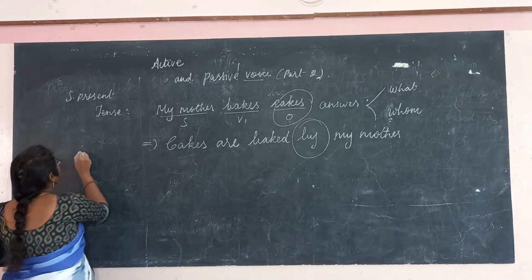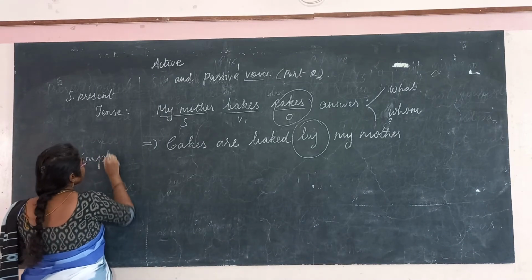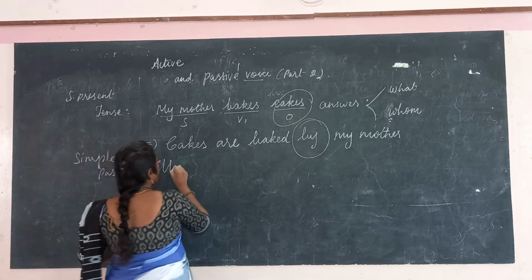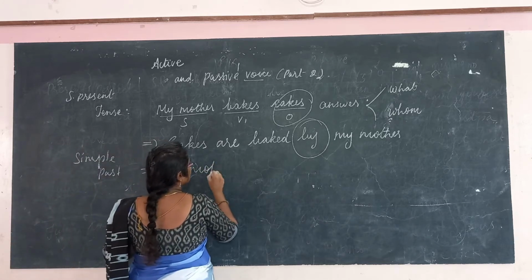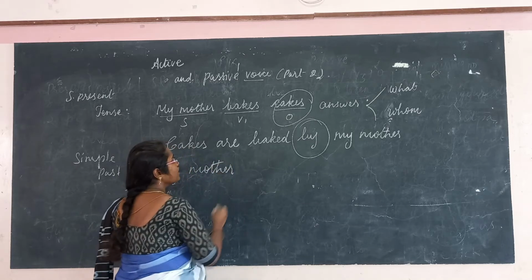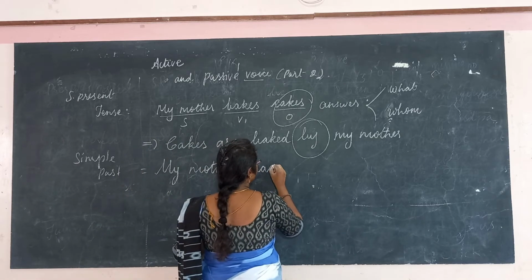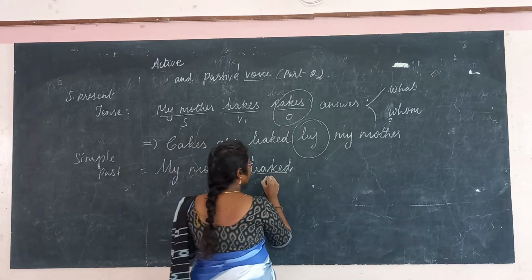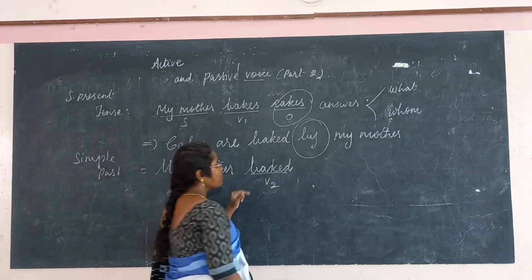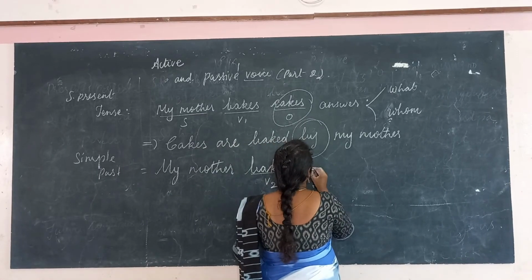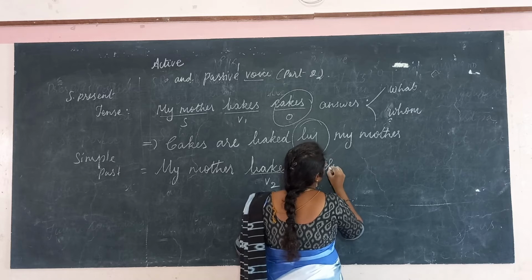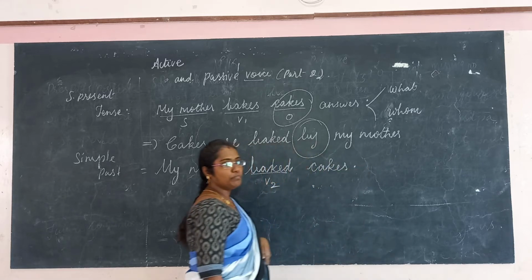How do we change simple past? In simple past tense, my mother baked cakes. My mother baked, because this is the V2. Simple past tense.